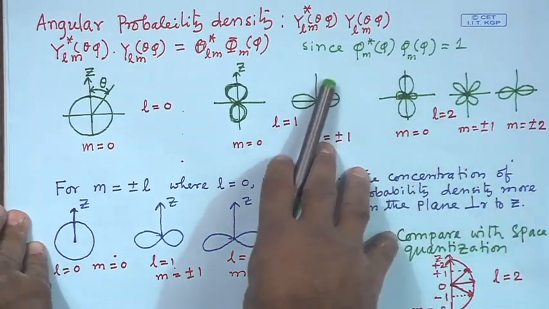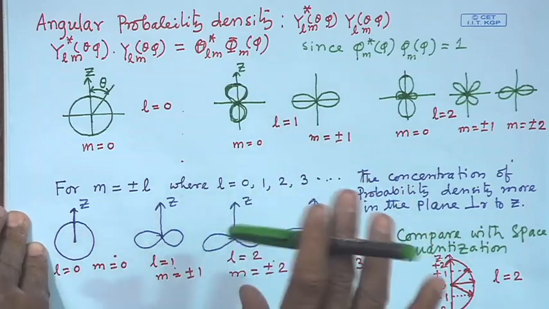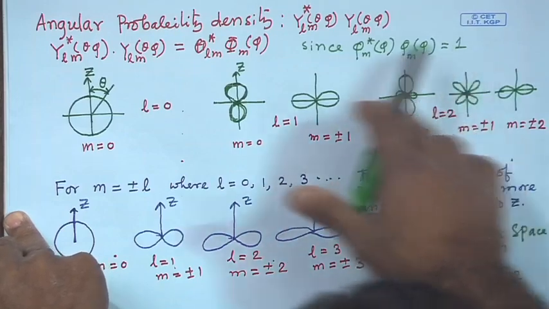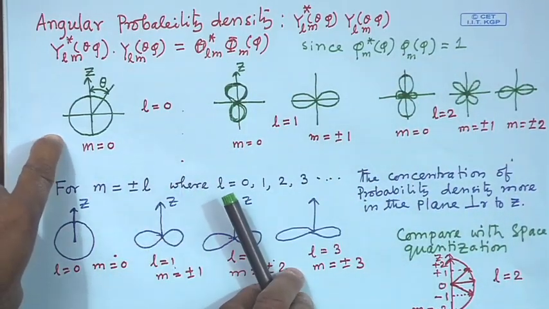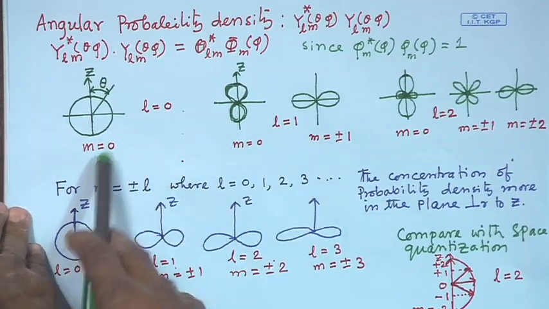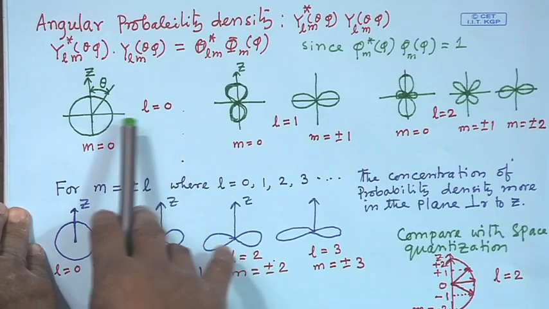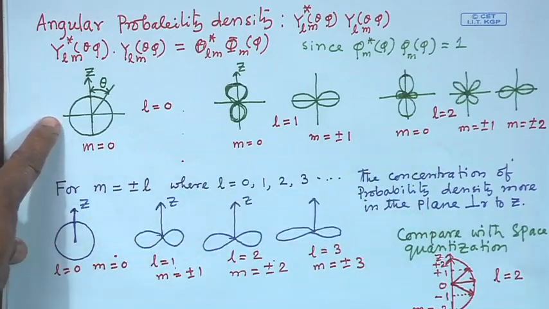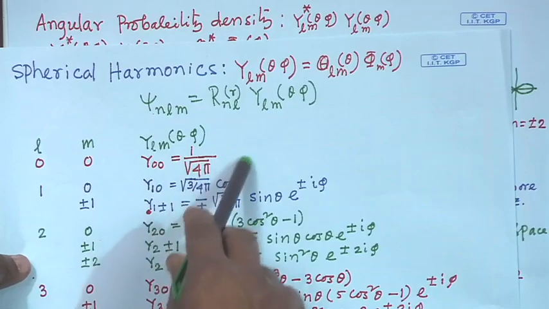So here phi star phi will be 1, so we only have to concentrate on theta. For M equal to 0 and L equal to 0, if we plot the probability density, as we have seen, the wave function is independent of theta and phi.